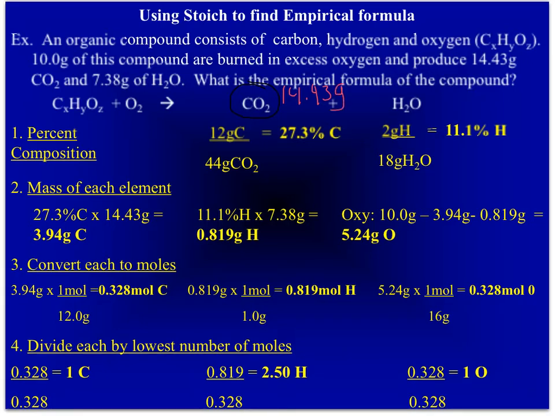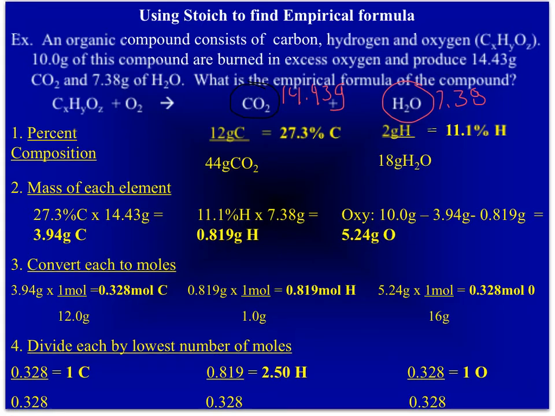We can do the same thing here: how much of the 7.38 grams of this water is just hydrogen? If we know that, then we'll have carbon and hydrogen, and I'll show you how to figure out oxygen in just a minute.